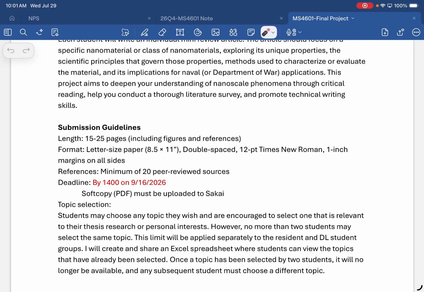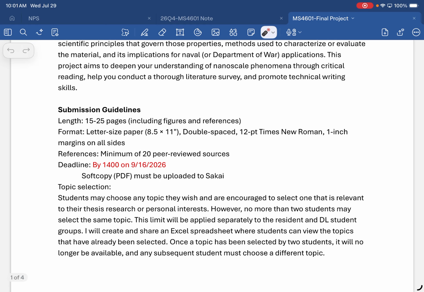For references, you have to find a minimum of 20 peer-reviewed articles. The deadline is 2 p.m. of the last day of the lecture, and the soft copy must be uploaded to Sakai.